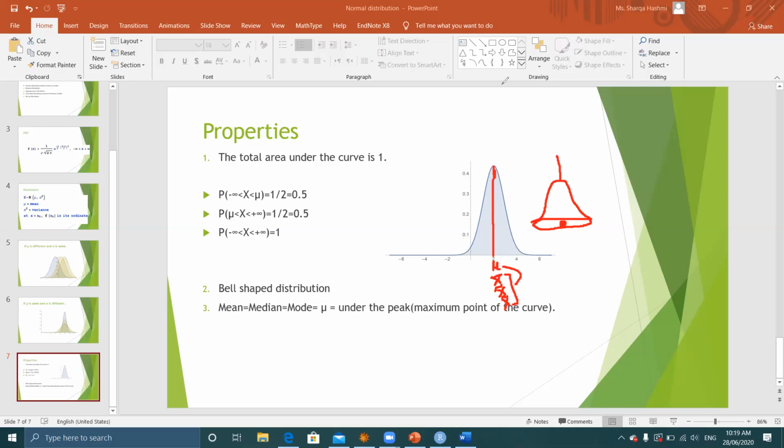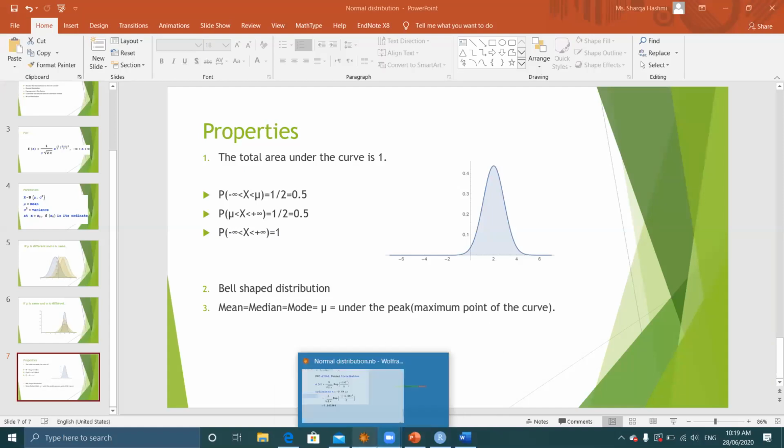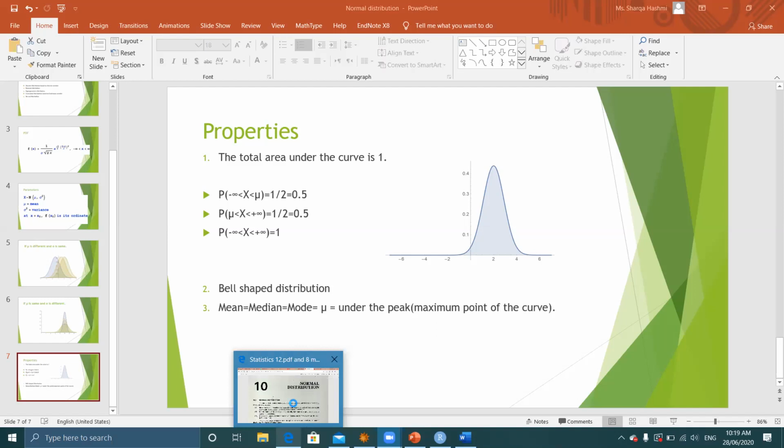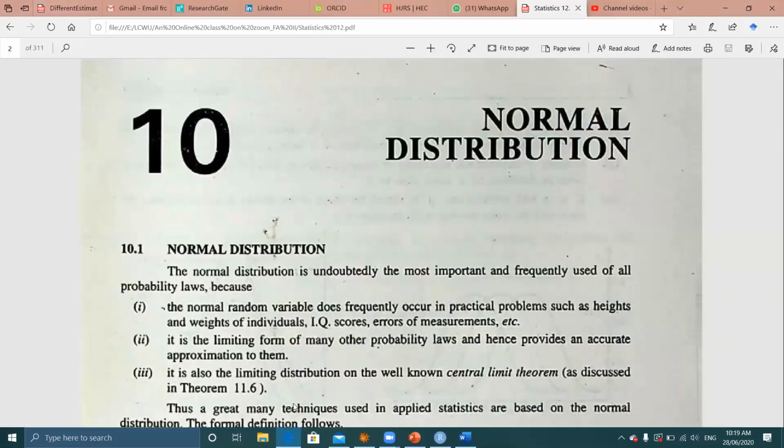Now come to the next page of the book, in which we will take up the points from the book. This is the normal distribution.